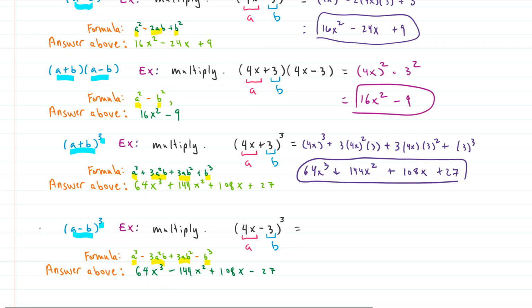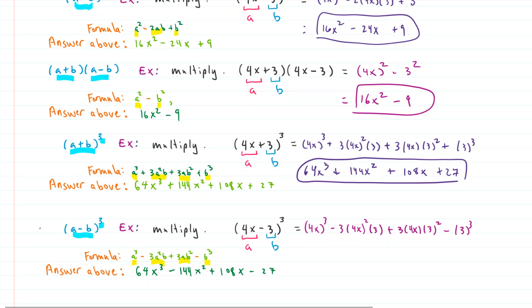We have a cubed, so we have 4x cubed minus 3 times a squared, 4x quantity squared, times b, which is 3, plus 3 times a, which is 4x, times b squared, and then minus b cubed, 3 cubed.